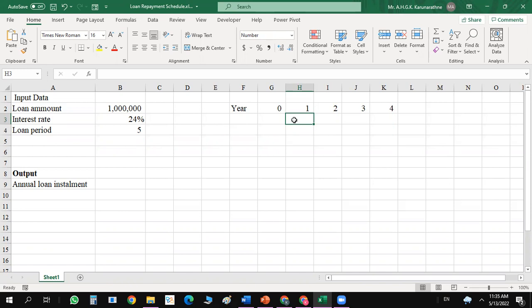So what is meant by value? Value is the present value of future cash flows. So that is the prime objective of finance: to maximize the shareholders' value, maximize the business value. Business value is the present value of future expected cash flows of the business.